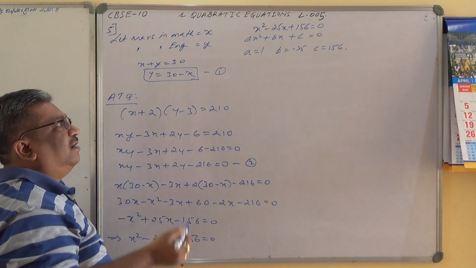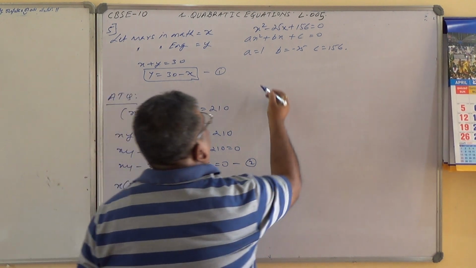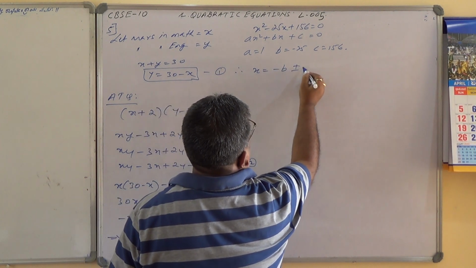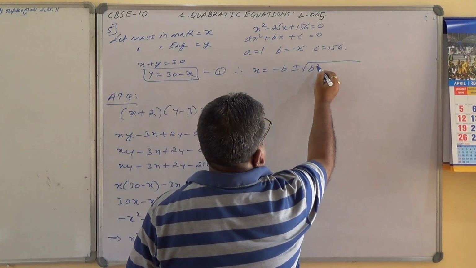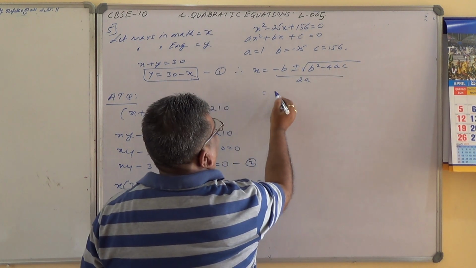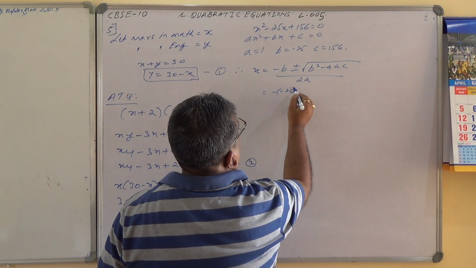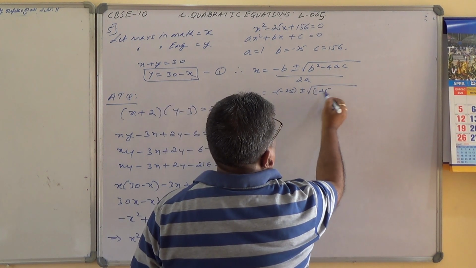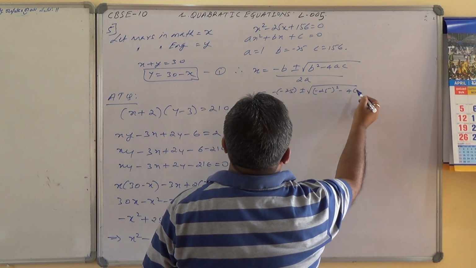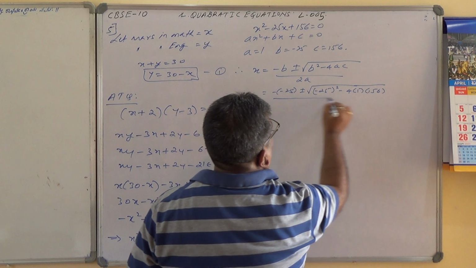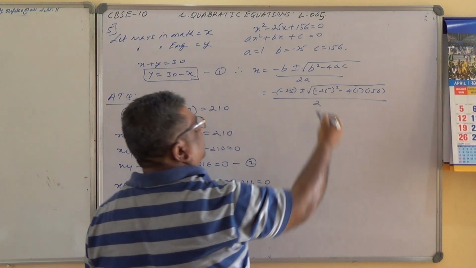Find out the value of x. Therefore, by quadratic formula, x equals minus b plus or minus under root of b square minus 4ac, divided by 2a, which equals minus of minus 25 plus or minus under root of minus 25 the whole square minus 4 times 1 times 156, the whole divided by 2 into 1, which is 2.